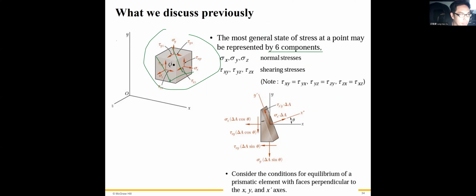We take out this element and use the equilibrium equations to analyze the stress condition on this element.